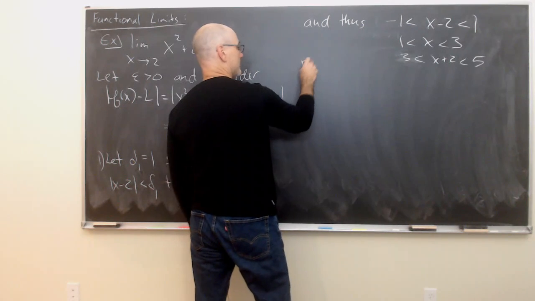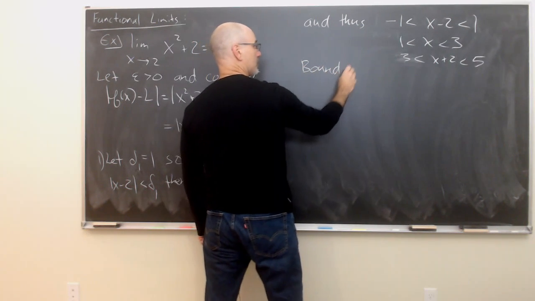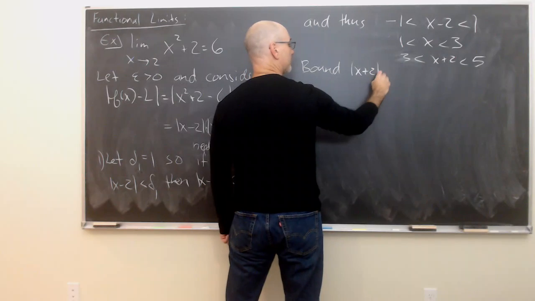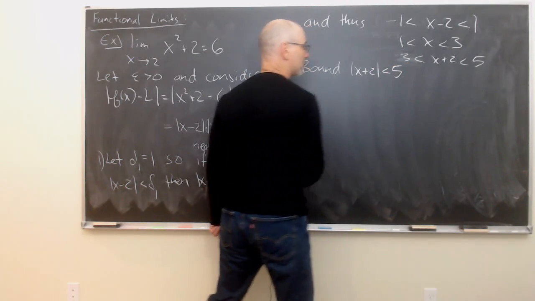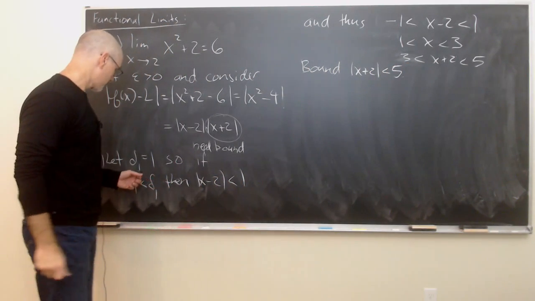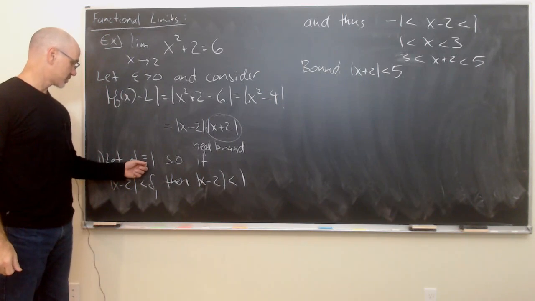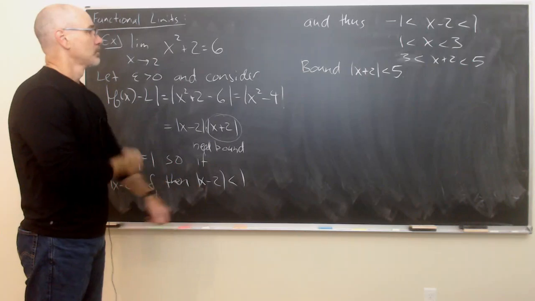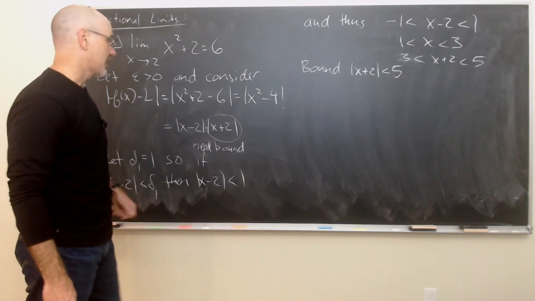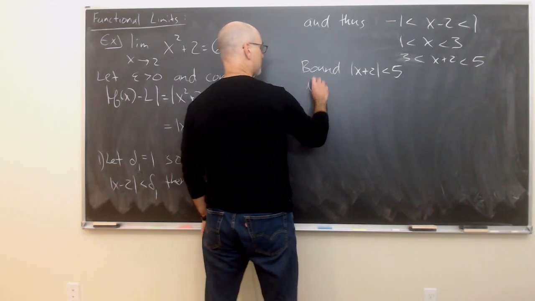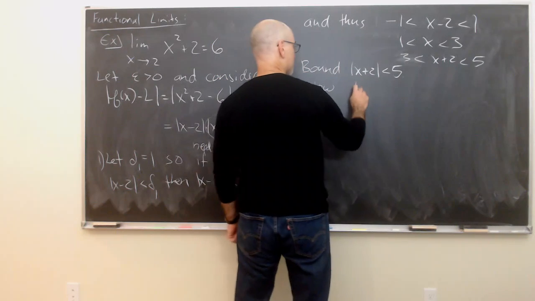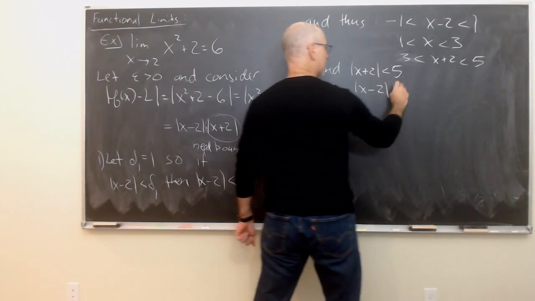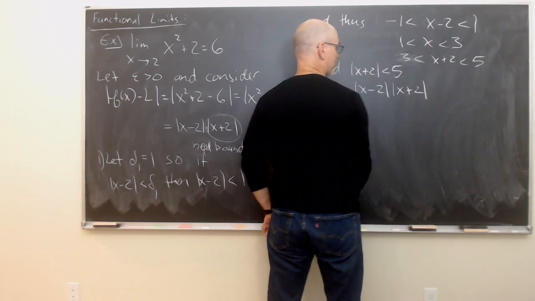So my bound on x plus 2 is 5, as long as I've restricted x to be within 1 of 2. All right, so now what I have is absolute value of x minus 2 times x plus 2.